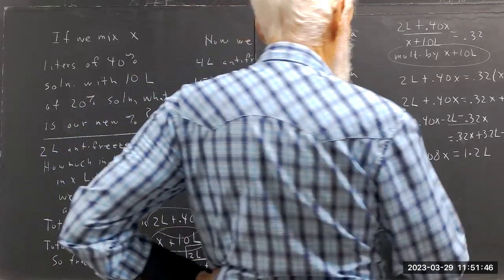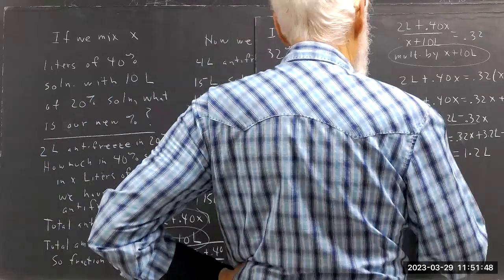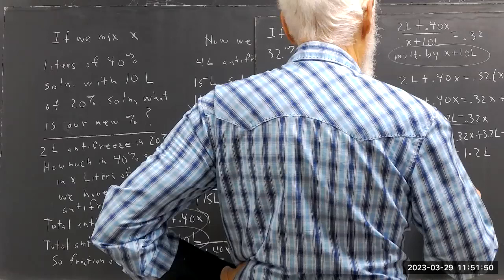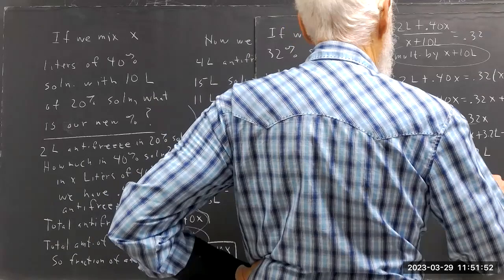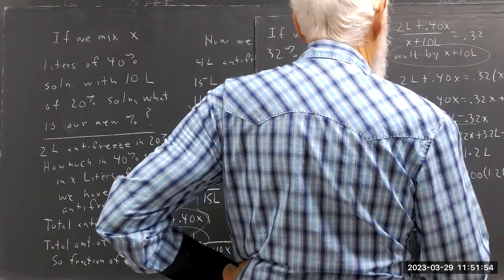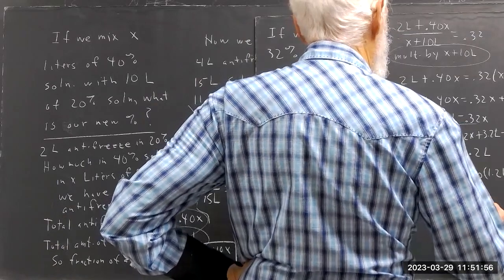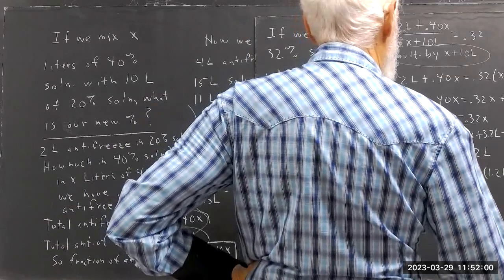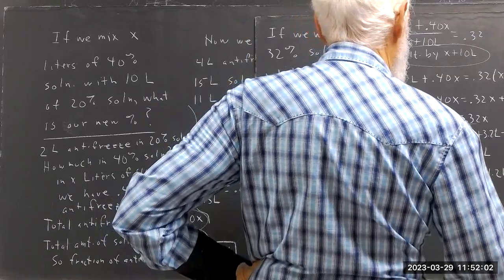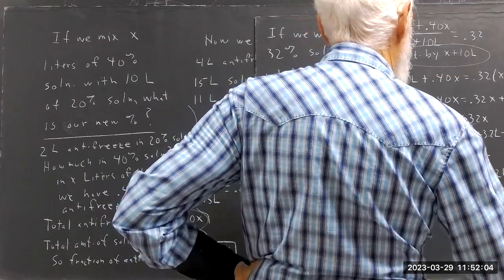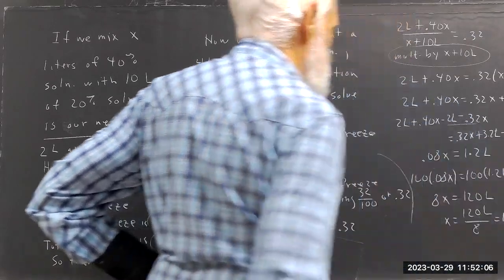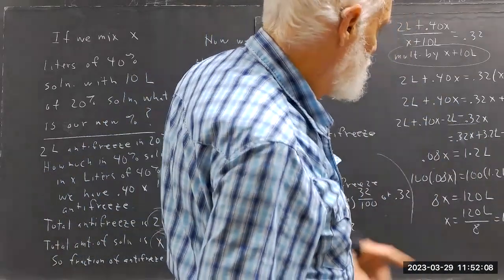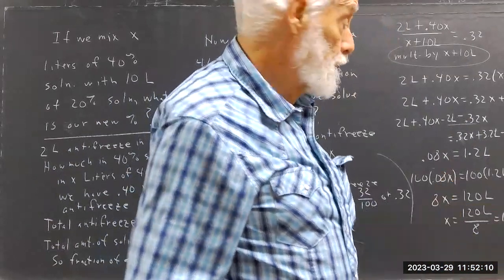So I'm going to do that, and I get 8x equals 120 liters. X is 120 liters over 8, which is 15 liters. There it is.